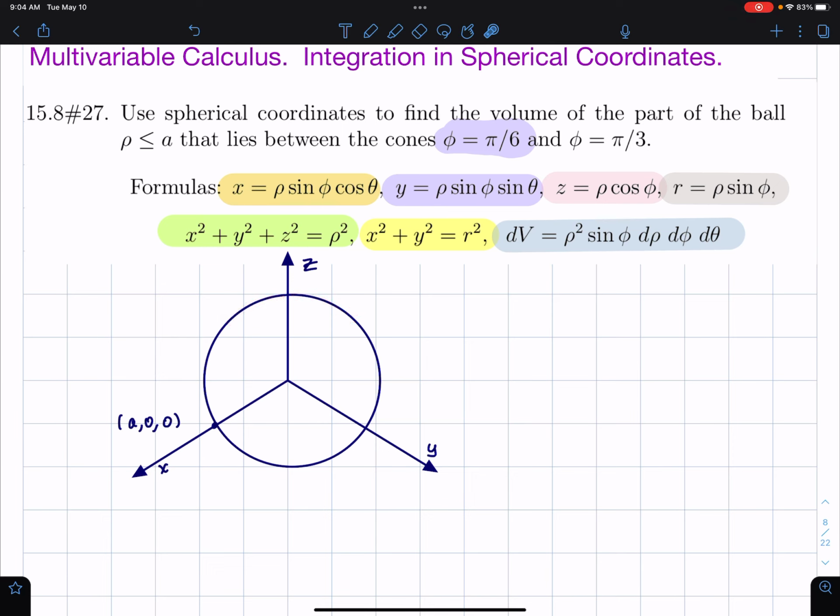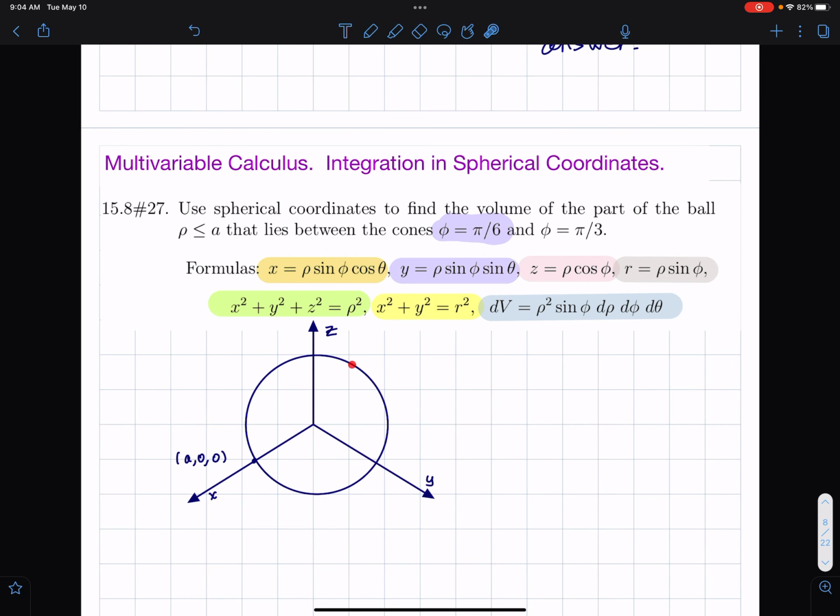So it forms, as it says, a cone. So phi equals pi over 6 consists of all the points where you have an angle of pi over 6 with the z-axis. So that in itself is a challenge to understand what that means.